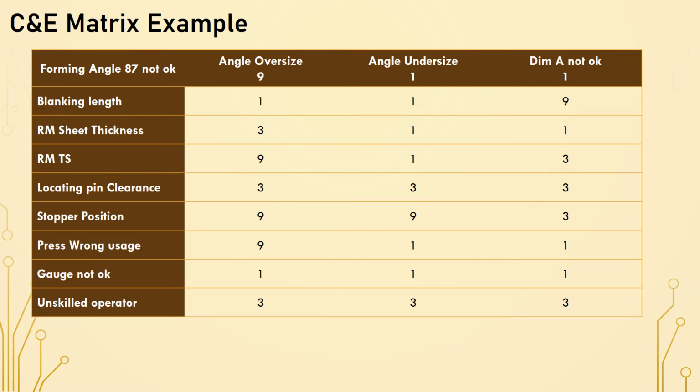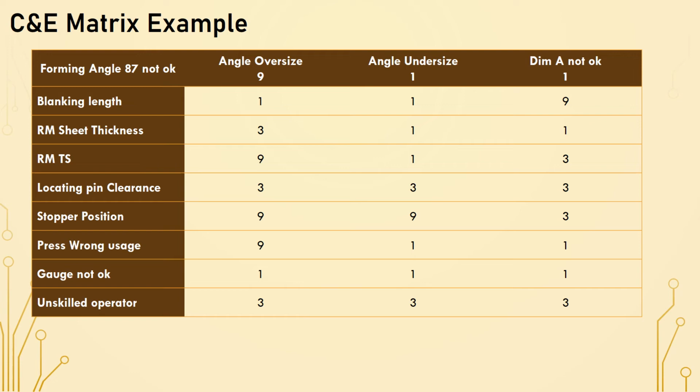So that particular Y is given a weightage of 9, and the other Y's, angle undersize and dimension A not okay, are given lower weightage. We have the impact between blanking length and angle oversize as low. In such a way we have given the correlation impact in the individual boxes.